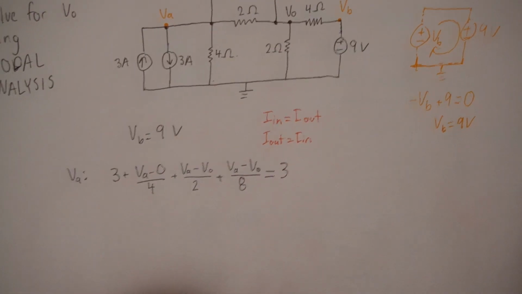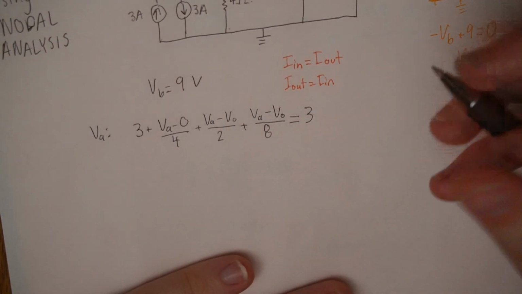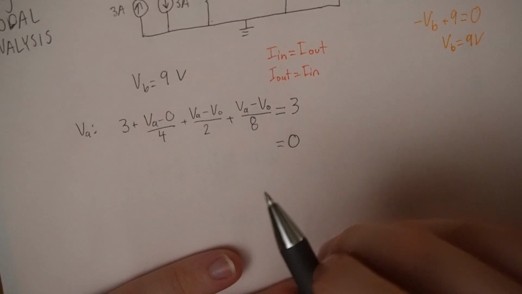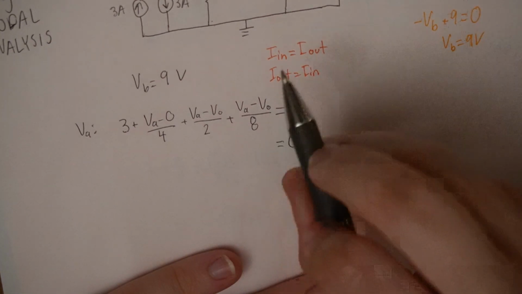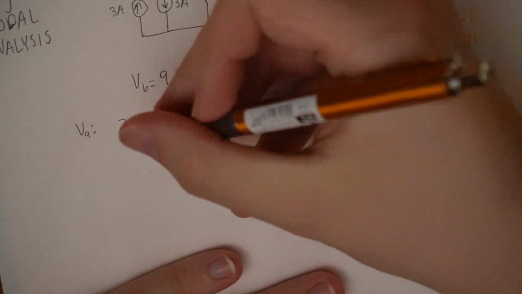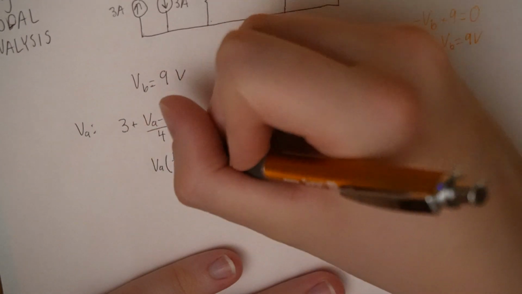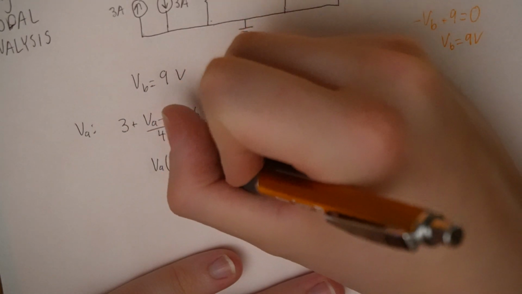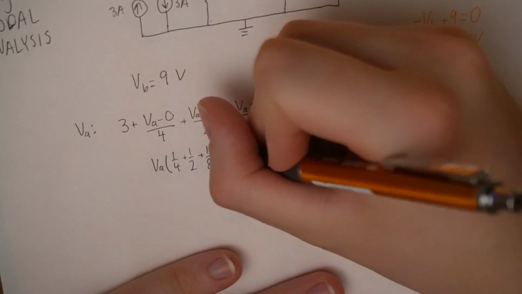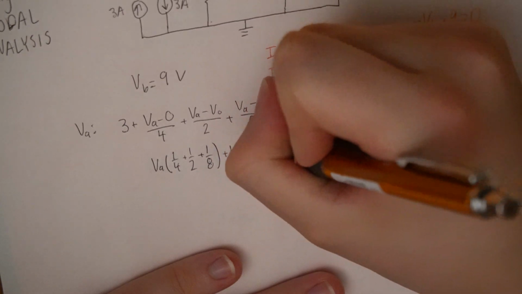So now I can simplify my equation, so I'll just factor this. The 3's will cancel out, so it'll equal 0. I'll have VA and VO. So I'll have VA times (1 over 4 plus 1 over 2 plus 1 over 8) plus VO times (negative 1 over 2 minus 1 over 8).